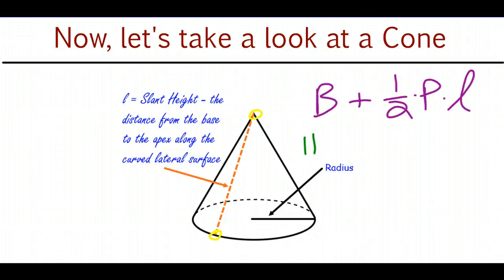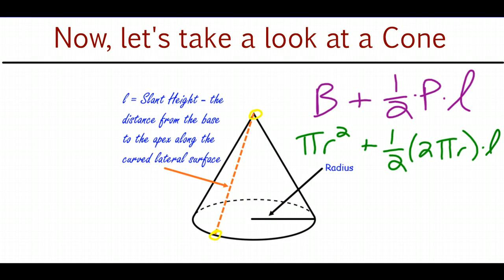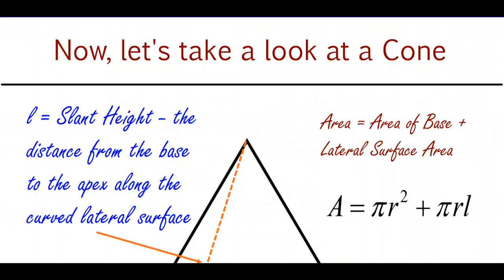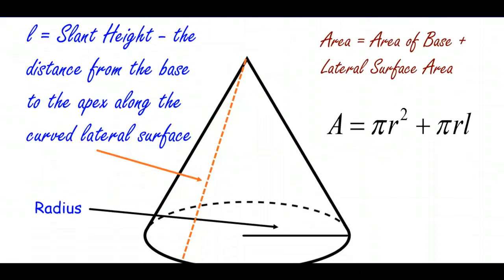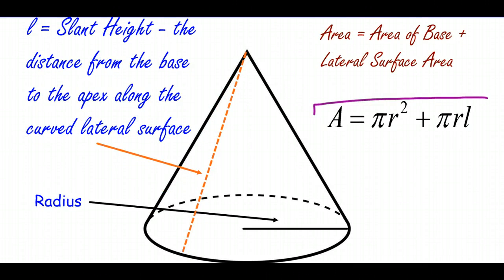The base is just pi r squared, only one base rather than two bases like in a cylinder. We have a 1/2. The perimeter of a circle is 2 times pi times the radius, times the slant height, and now we can cancel out a 2 and a 1/2 to come up with the surface area formula for a cone, which is pi r squared plus pi r l.